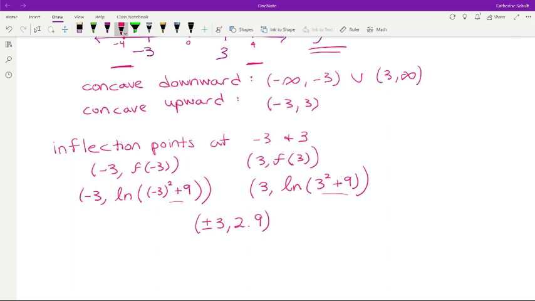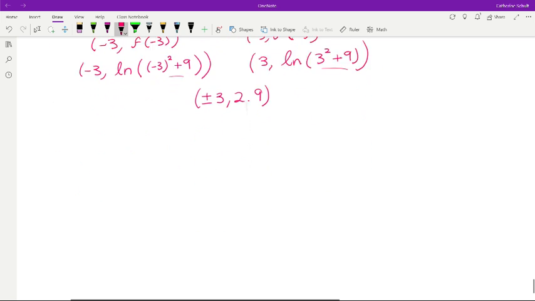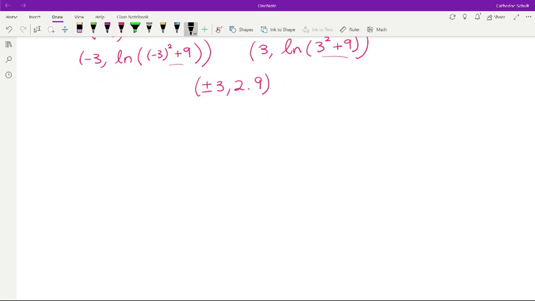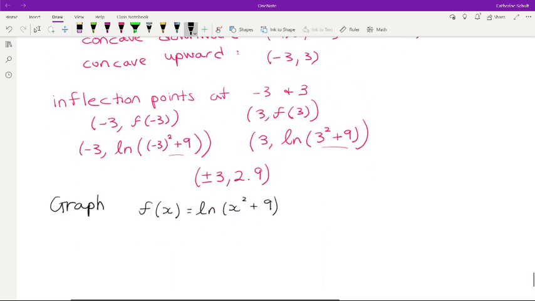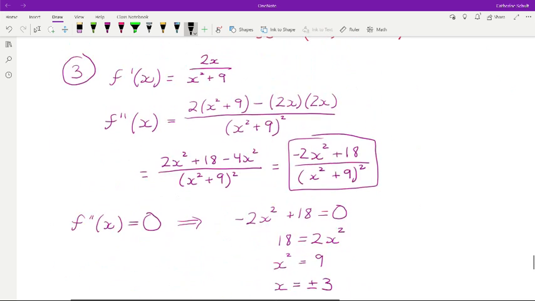Okay, so let's put all of these pieces together, and we're ready to graph now. So we're going to use all of these pieces to graph this crazy function, right? And remember, the function is the natural log of x squared plus 9. Okay, so notice that we're kind of hovering. Let's just scan back a little bit.